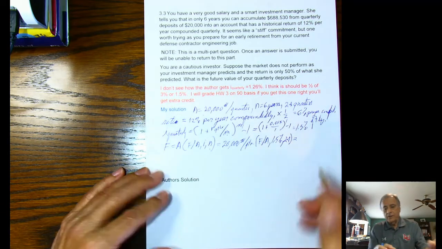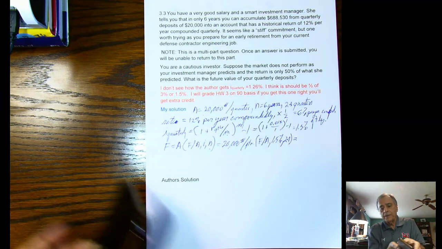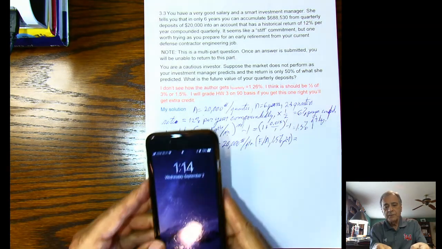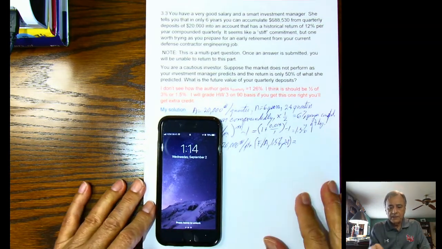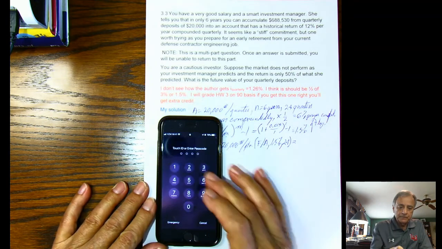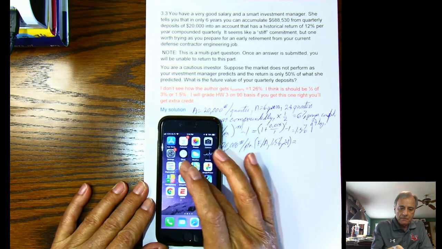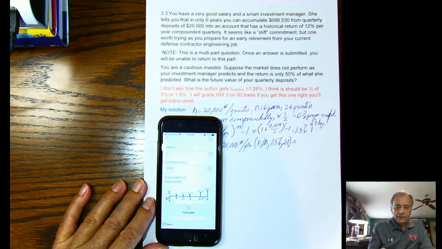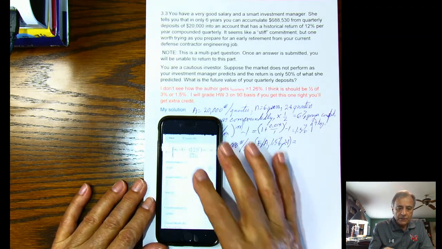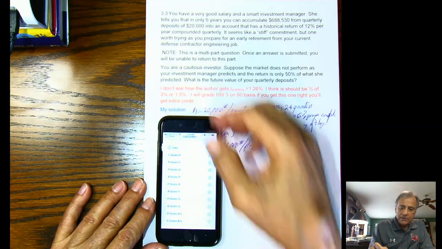And I can go to my Engineering Economics Career app, and I can crank this out. And there's the app, and I'm going to make sure I'm using the right one.